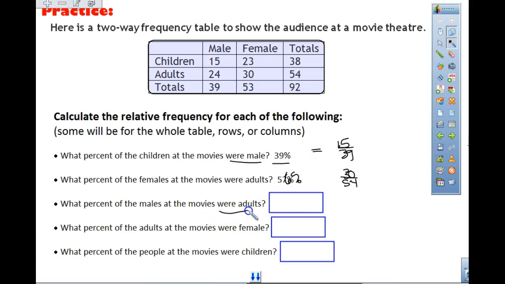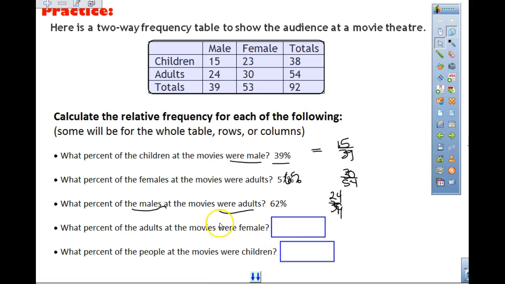So, we're adults. If we are looking at it, males, of the males that were adults, we're going to divide this time 24 by 39. We have to do more adults.